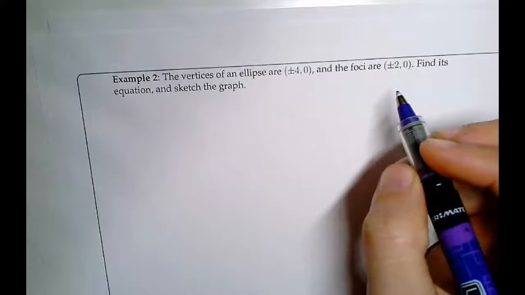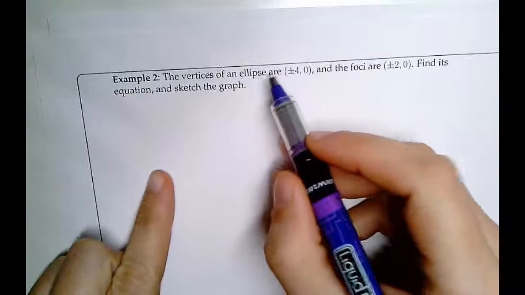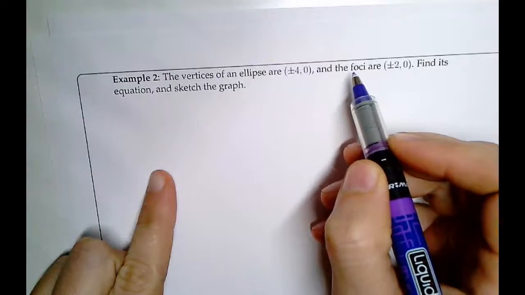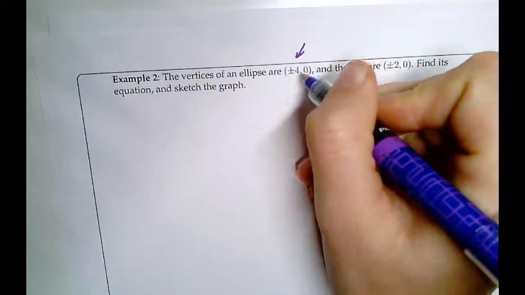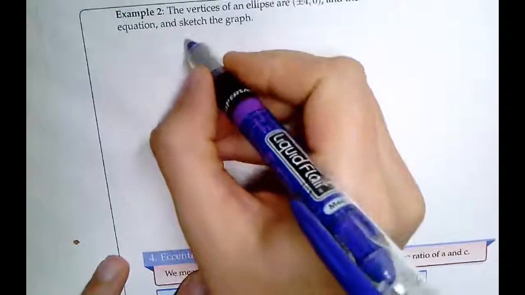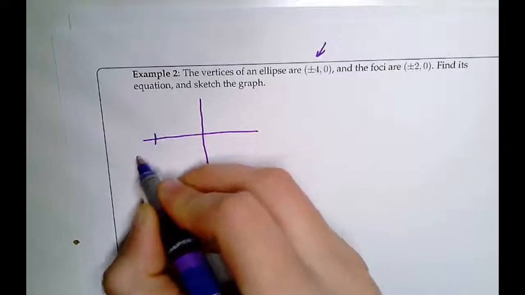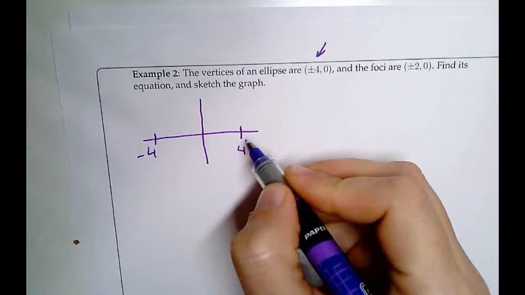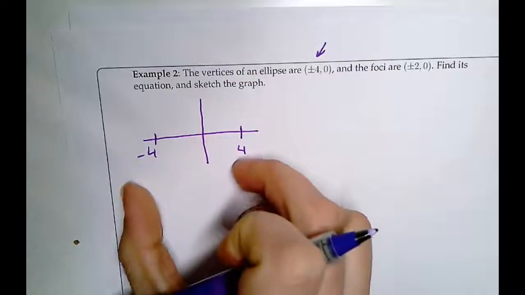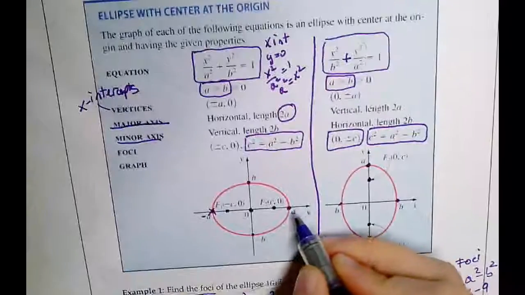Okay, so then another problem. Let's find the equation and sketch the graph for this ellipse, and they're giving us that the vertices are at plus or minus 4. So the vertices are on the x-axis, right? So the foci are going to be on the x-axis too, because the vertices lie on the major axis.